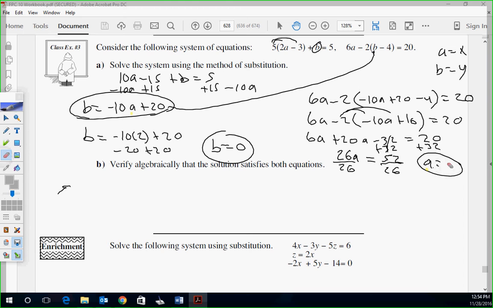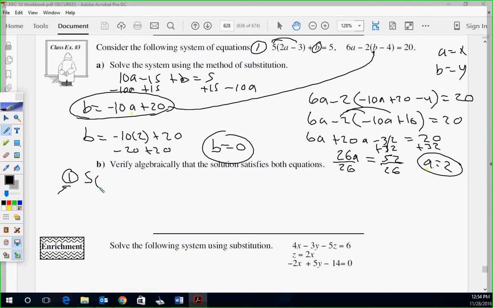Questions before we verify? Do I lose you? Never mind. Okay, so then we'll verify it. So we will put A is 2. I'm going to verify it from this one.